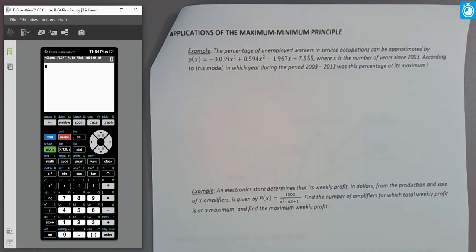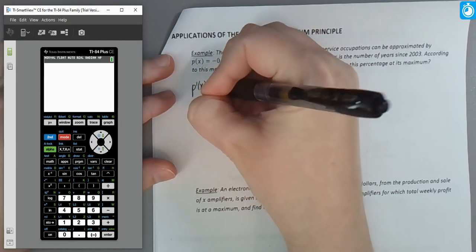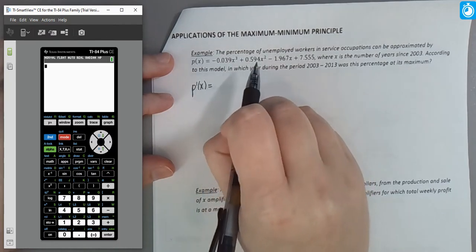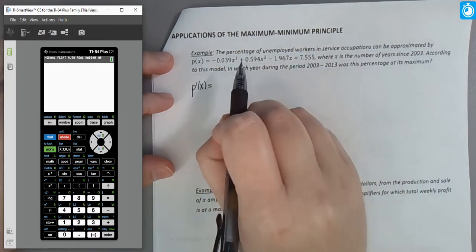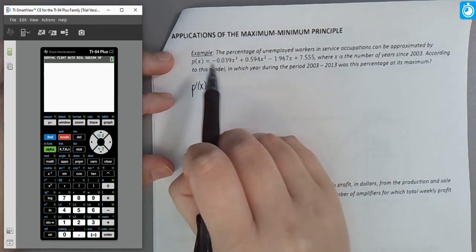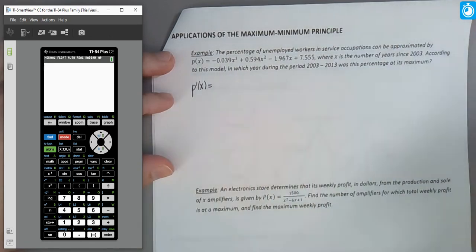Okay, so first thing we need to do is evaluate our derivative. Let's start there. Now this function looks a little bit messy, but the only thing messy really is the coefficients. And keep in mind, otherwise we're just using the power rule. It just happens that we're using the power rule with coefficients that aren't especially pretty. So I'm going to bring down my 3, and I'm just going to do that multiplication in the calculator.